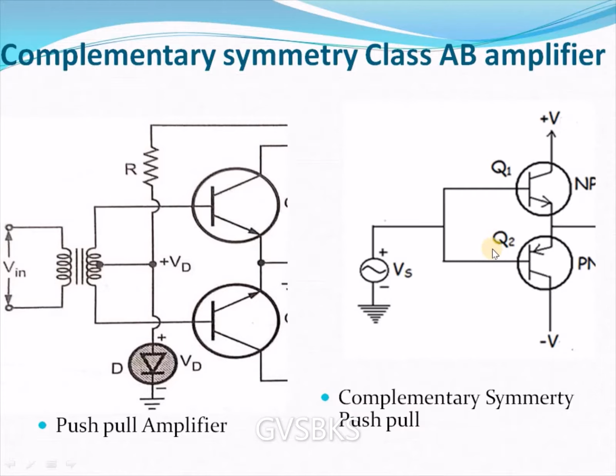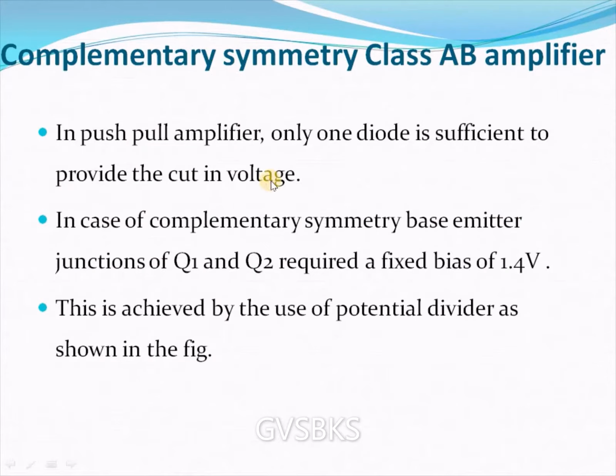So the DC biasing voltage should be 1.4 volts between the input terminals of the transistors. In push-pull amplifier only one diode is sufficient to provide the cut-in voltage.